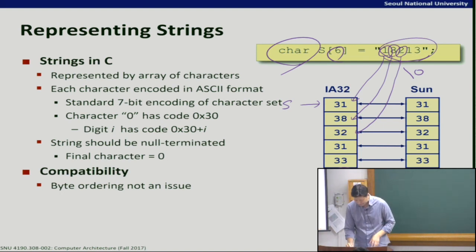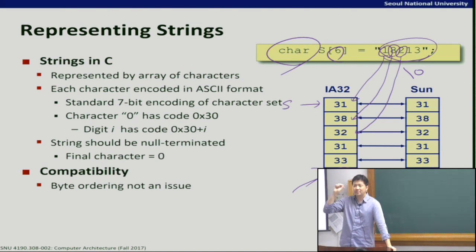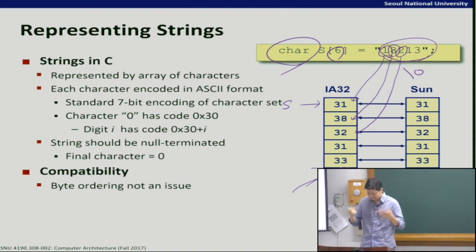Basically, by seeing this 0, we know that this is the end of the string. Okay? And for compatibility, there's no issue of endianness because just 1 byte takes 1 character, so there's no issue of endianness, which changes the order of bytes within a word. So there's no issue.